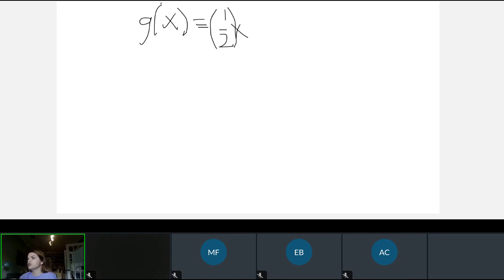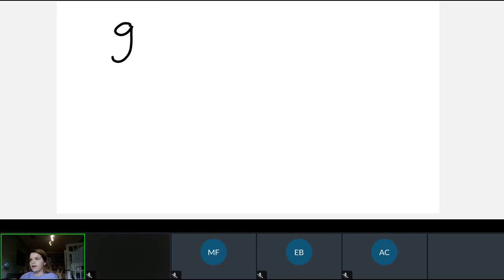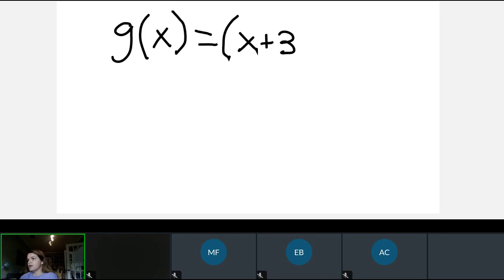That's a stretch or a shrink. What you're asking about is what we're getting ready to go over. Mia is asking, what if you have g of x? Yep, Ben, that would be a shrink. What if g of x is in parentheses x plus 3? So this is the new one we're getting ready to go over.